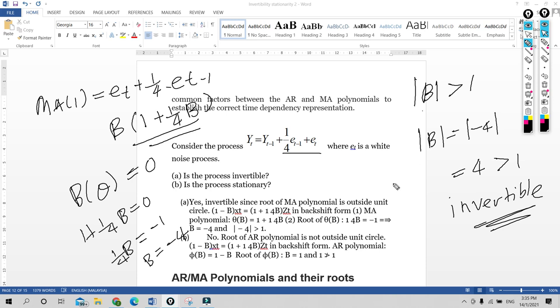So this is how we use the unit roots to decide on invertibility and stationarity. You can use whatever model here. By looking at the model, you have to convert it to the lag operator or backshift operator to find the unit roots, and from there you can decide whether the model is stationary or non-stationary.